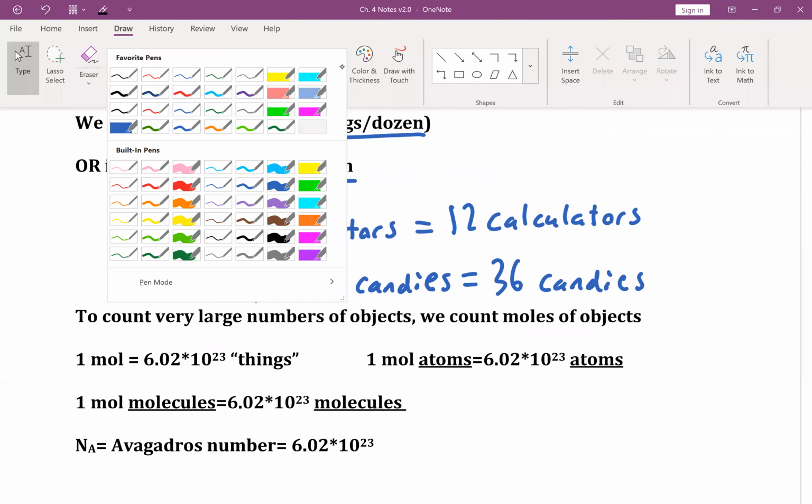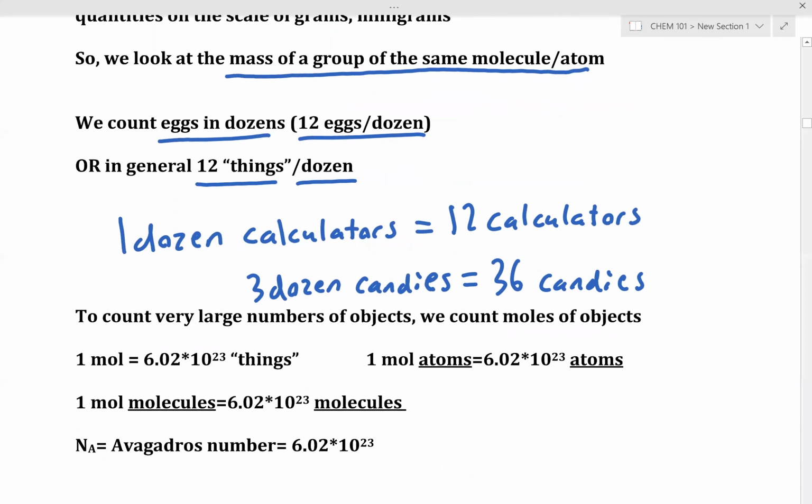So in this case, instead of using a dozen atoms, we're going to count moles of objects. So what does a mole represent? Instead of 12, a mole represents 6.02 times 10 to the 23rd. A very, very large number.